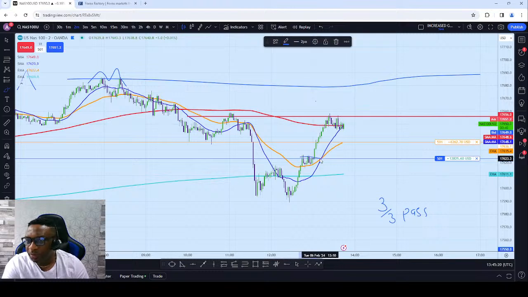So from this level, price pushed up here to this point. What I do is I divide it. I will put a line in the middle.